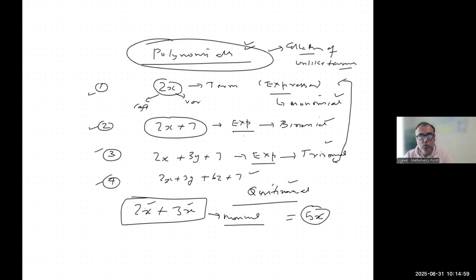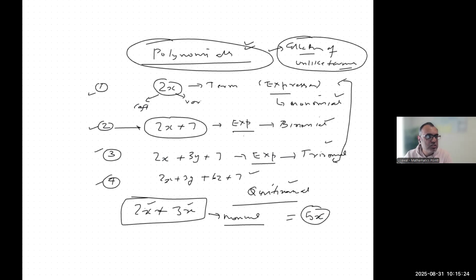This one, number 2, has got two terms, they are not like, and so on and so forth. So a polynomial is a collection of unlike terms. A lot of students make a mistake when they're given like terms with some operators in between, and they call it binomial or trinomial. They're all monomial.